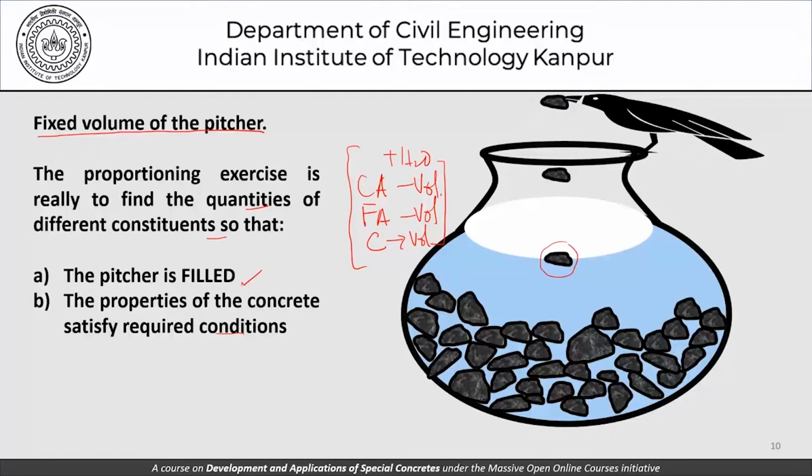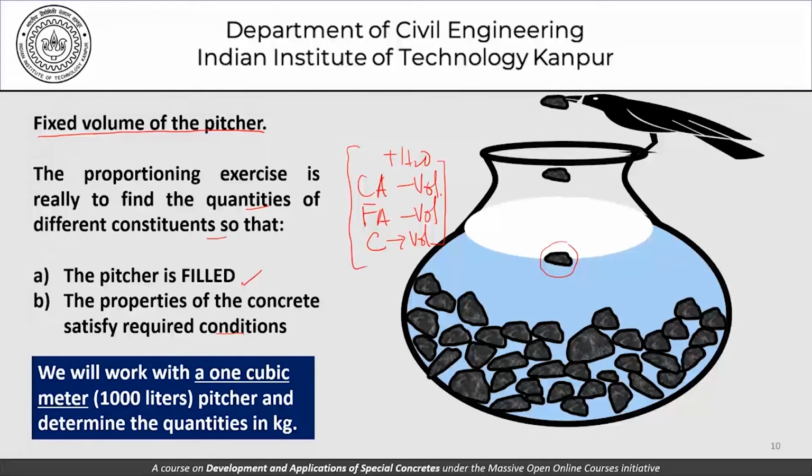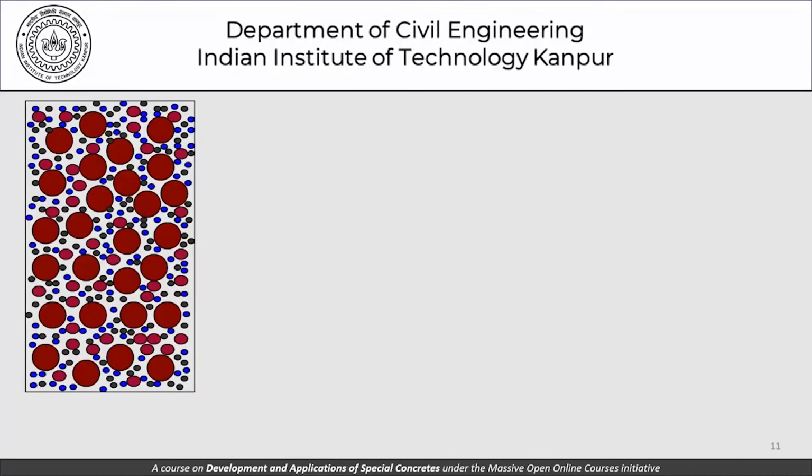We will work, as far as this lecture and this series of lectures is concerned, with a 1 cubic meter or 1000 liter pitcher and determine the quantities of coarse aggregate, fine aggregate and cement in kilograms, because that is much easier to measure than volumes, especially the absolute volumes. Now let's look at these pictures once again.